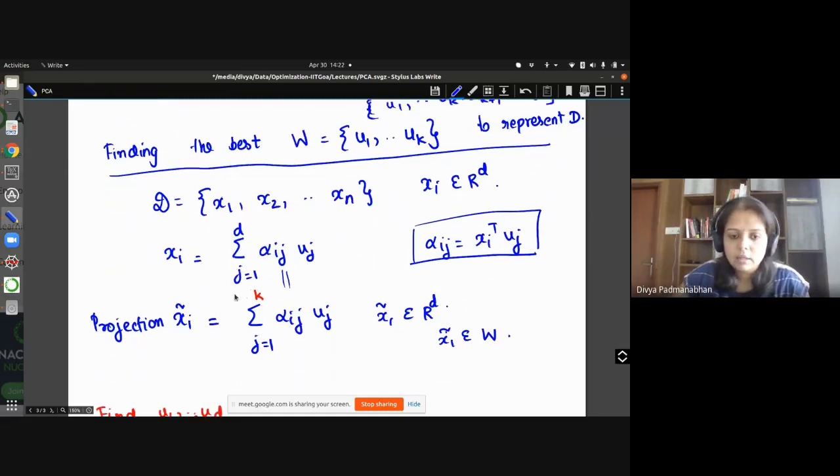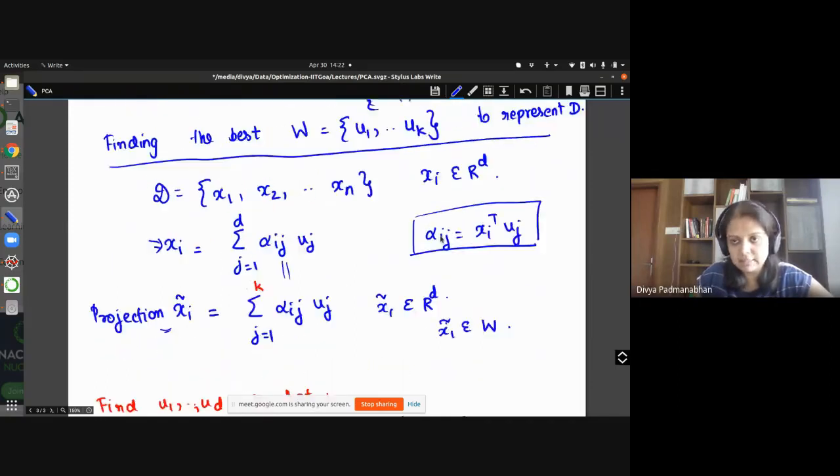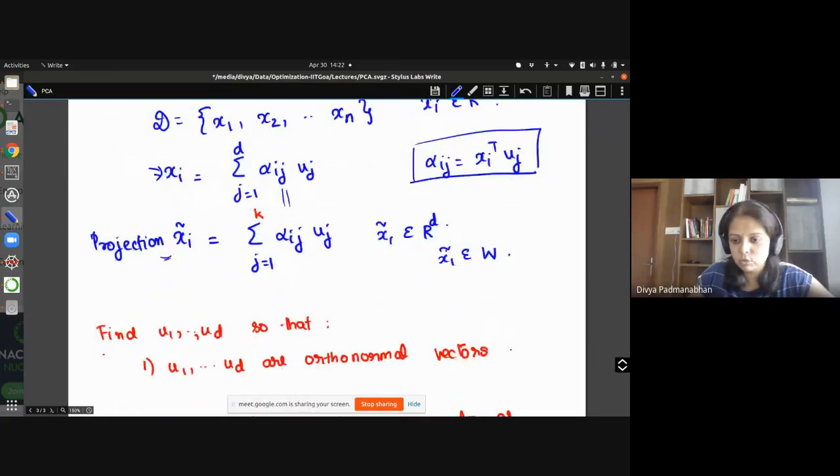Now what we have is two things. This is the original point, represented in terms of the u's, and this is the projection. What you want to do is find these u1 to ud so that they are orthonormal. What it means is that ui transpose ui is 1 for all vectors, and ui transpose uj is 0 for all i not equal to j.